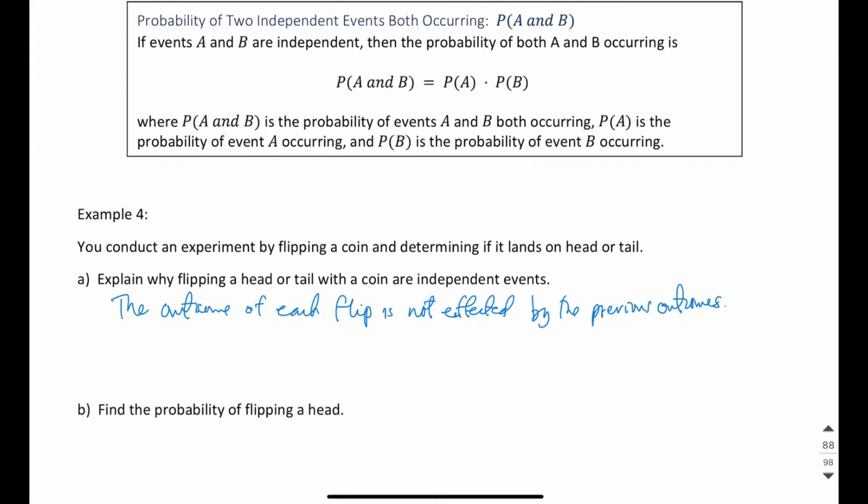Whatever the coin comes up, it comes up, right? The second thing is that as you flip a coin, you're not changing the coin in any way that would affect the probability of the second flip. It's not like you're bending it or damaging the coin in a way to force it to land a certain way. So those are ways you can look at that.